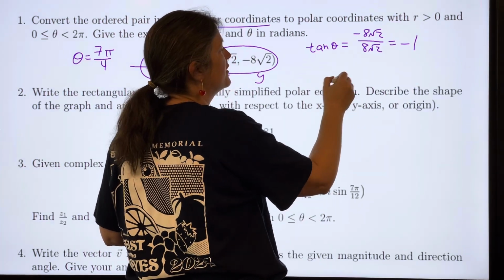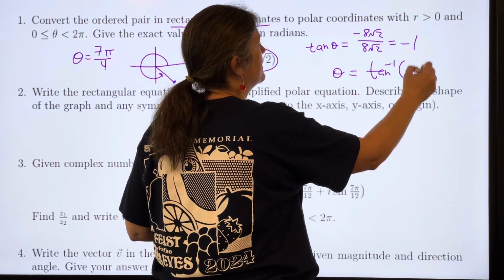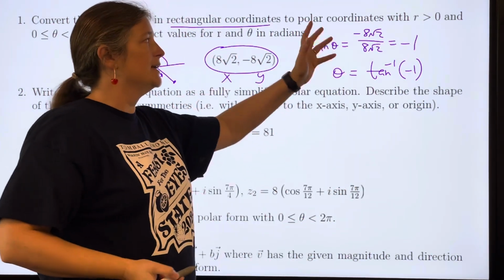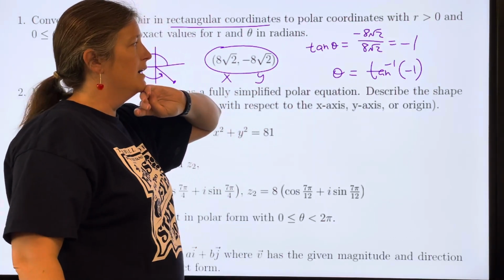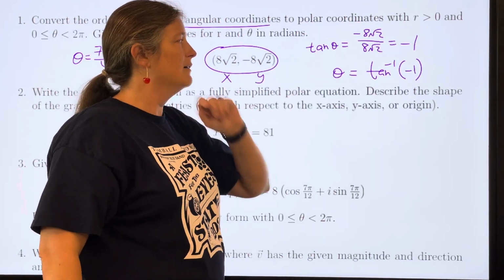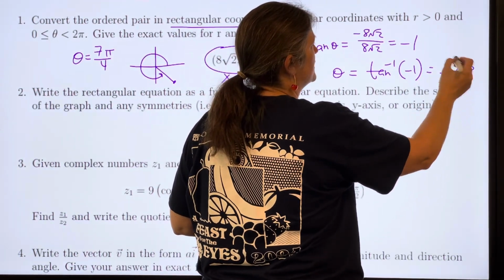So I'm looking for the theta whose tan inverse is negative 1, otherwise known as the angle whose tangent is negative 1. When I take the tan inverse of negative 1 though, I get negative 45 degrees, or negative pi over 4.